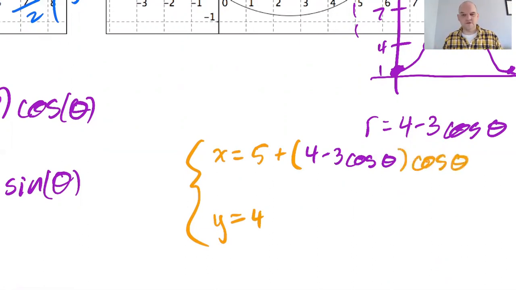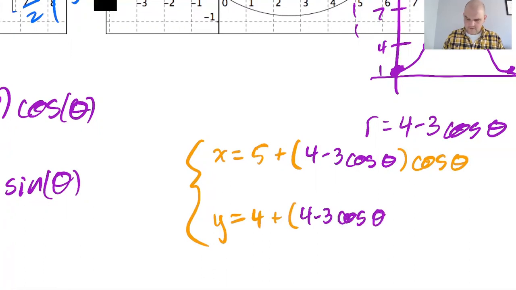The switching colors is annoying, but I'm committed to it for this particular problem. There, and then still 4 minus 3 cosine theta because that's r. That's our polar curve that we're shifting. And then sine theta because we're converting it to parametric so that we could move the center around.